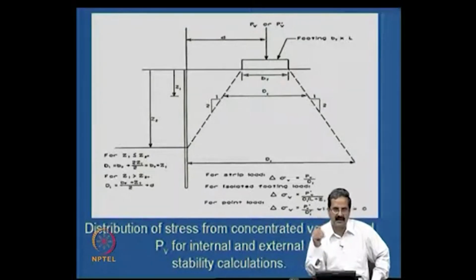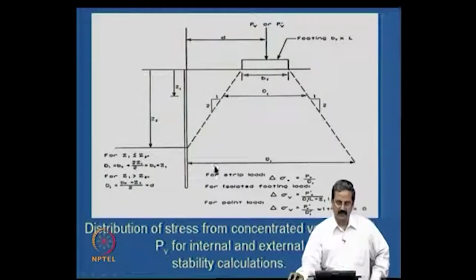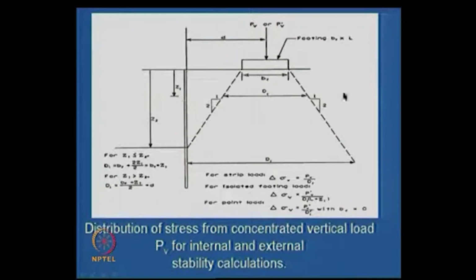Horizontal stress is always a fraction or multiple of vertical stress. So, when you have a surcharge here, you take this vertical stress and multiply by K0 or Ka, whatever, right. Then you will get the horizontal stress, and knowing the horizontal stress, you can design for the tensile force required.